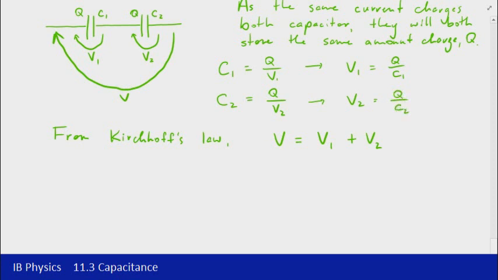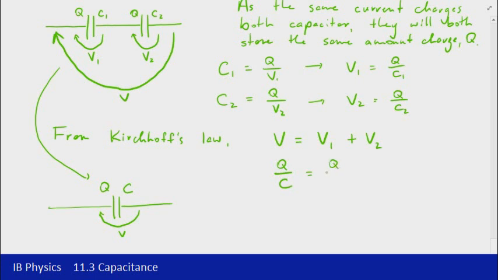Now, similar to what we did before, if we take that whole situation and replace it with a single capacitor, so this now has a capacitance C, potential difference across it is going to be V, given that we're replacing these two with a single capacitor, and the charge there will still be Q. So that then means that this potential difference V, similar to what we did with rearranging the two above, we can express as being Q on the total capacitance C, and as we saw, V1 is equal to Q on C1, and V2 is equal to Q on C2.